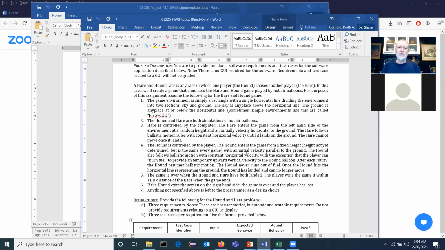The one that takes off initially is the hare. All the other ones are the hounds. So that's basically what this series of homeworks is going to create. Okay, so this gives you practice in writing requirements, practice in writing test cases, so that you'll get your feedback on this in time for the P3 deliverable.